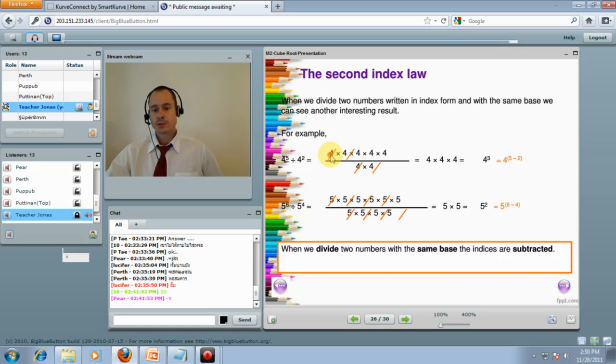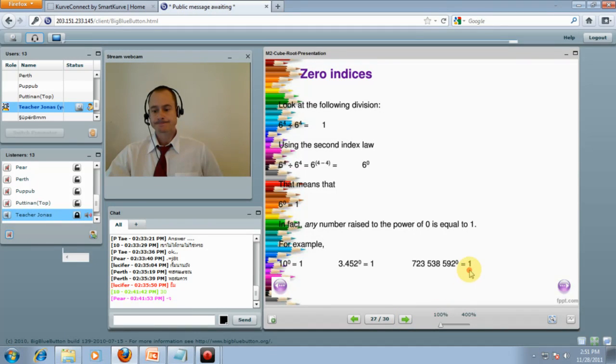And if you choose another number, for example 6 or 10 or 2.5, it will be the same way. The answer will be 1. So everything to the power of 0 is equal to 1. Like they show here.